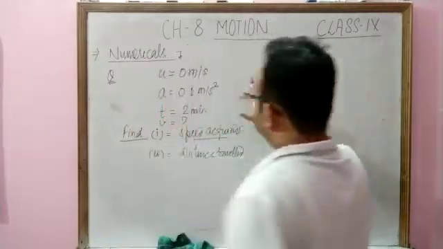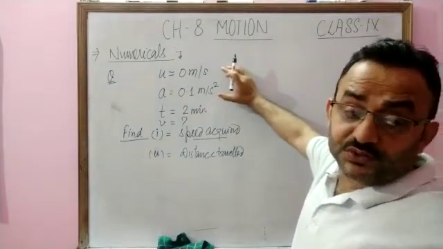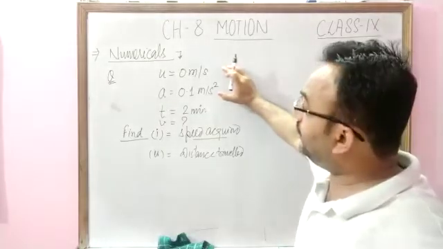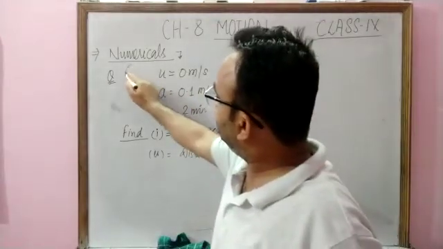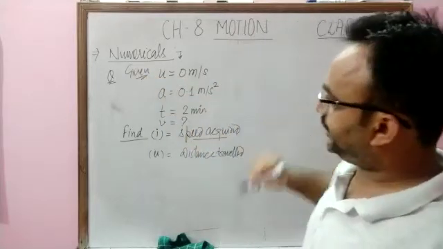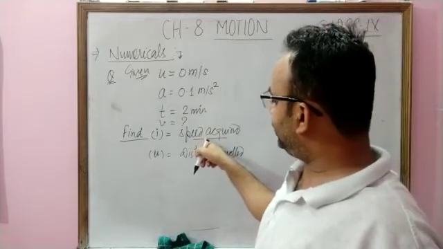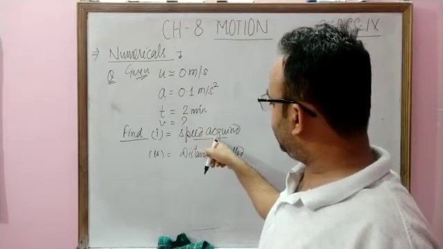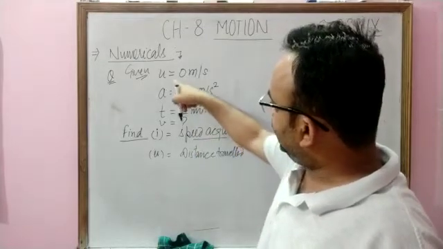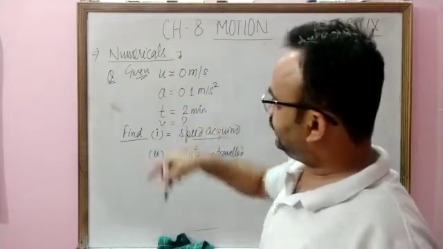We have to focus on the given terms and parameters, whatever they have given in the statement. As per the required term which we have to calculate, the speed acquired means final velocity; the values of u, a and t you have.